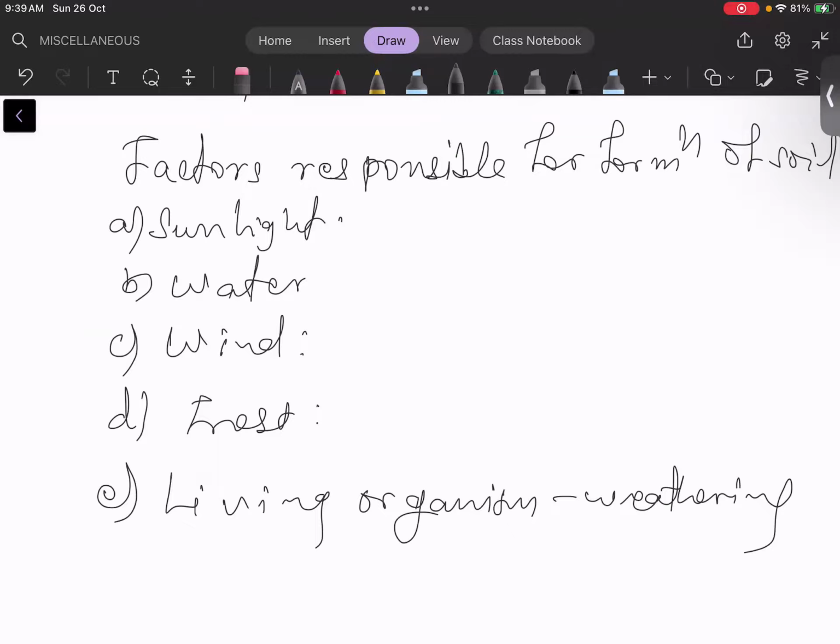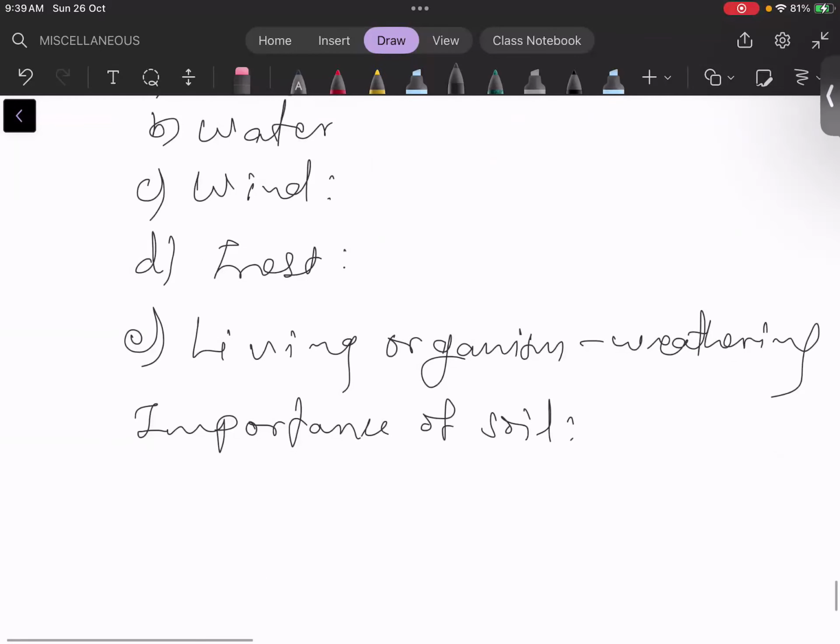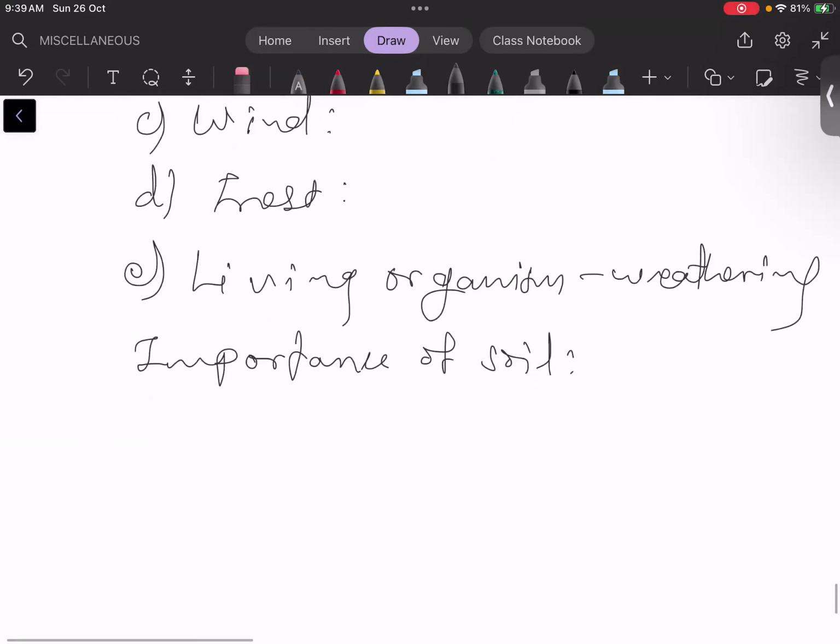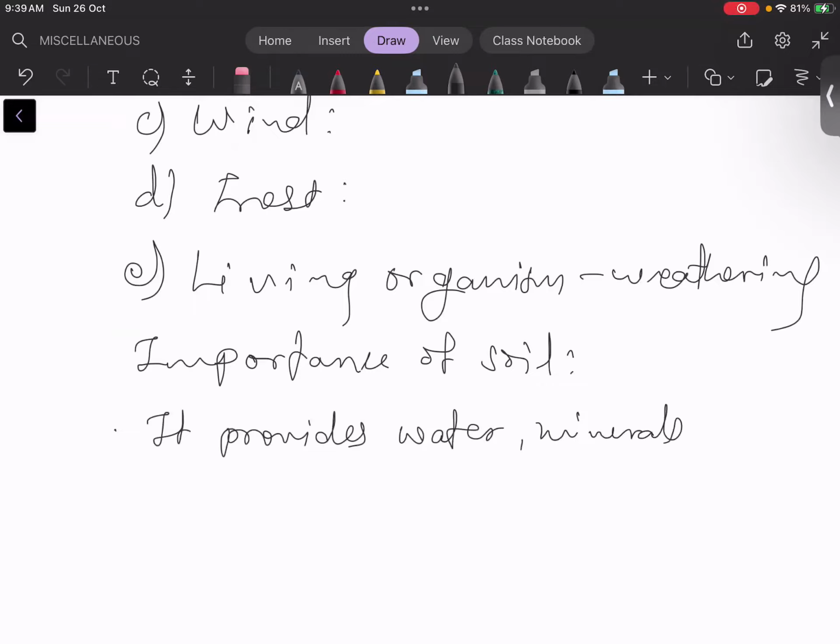The next part is importance of soil. Soil anchors the terrestrial plants. It provides water and minerals to the plants and supports them.